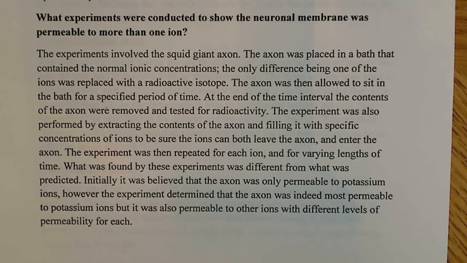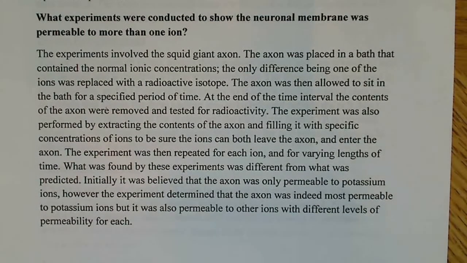What was found by these experiments was different from what was predicted. Remember I said they mostly predicted that K+ ions, potassium ions, were the only ones moving. That turned out not to be true. However, the experiment did determine that the axon was indeed most permeable to potassium ions, but it was also permeable to other ions, and each of these ions had differing levels of permeability. That's where you get these permeability constants from the Goldman-Hodgkin-Katz equation.